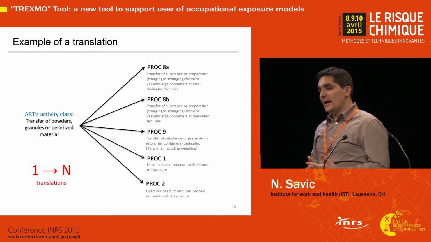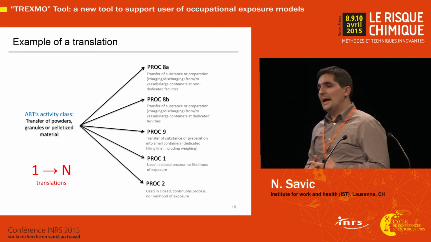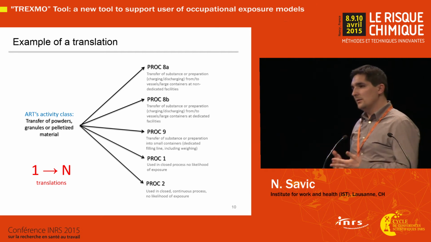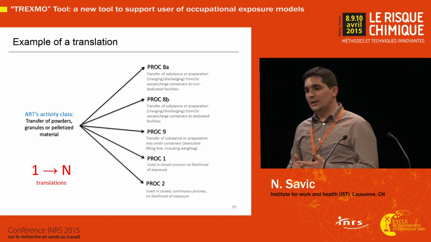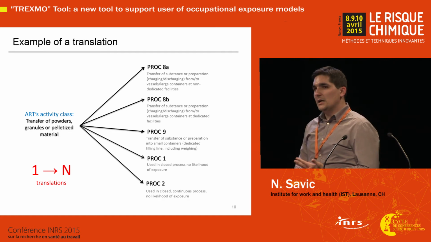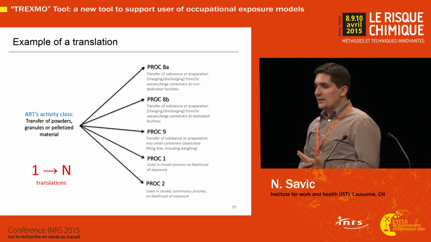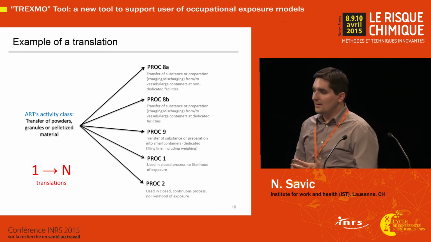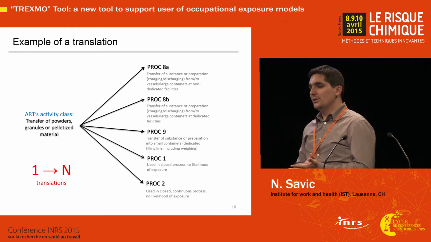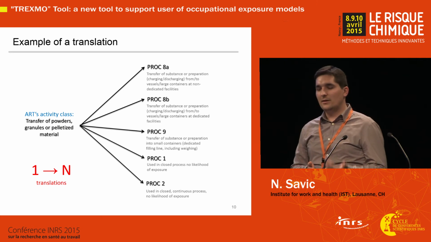In most cases, for one of the exposure inputs used in RT or another model, we have more than one analog input in another model. So here, for the transport of powders and granules activity class in RT, we successfully defined 5 process categories that can be used in EasyDoc when transfer of powders is the activity class used in the RT model.